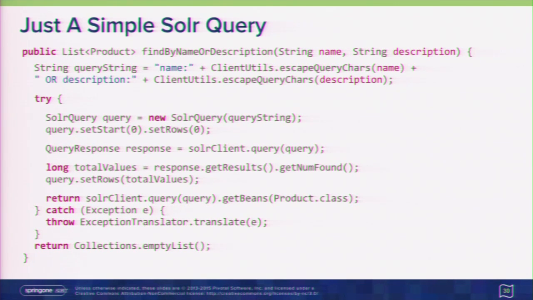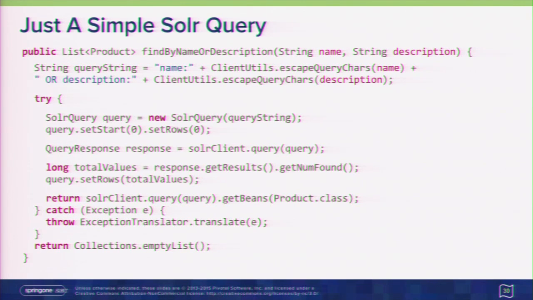And what I need to do without the Spring Data abstraction is basically take the query string, know the name, and escape the input, because there could be wildcards in there. I don't want to let users use wildcards or regular expressions or what have you. I have to concat it with or, again using the client utils to escape the stuff.